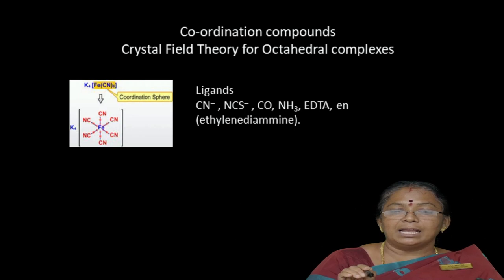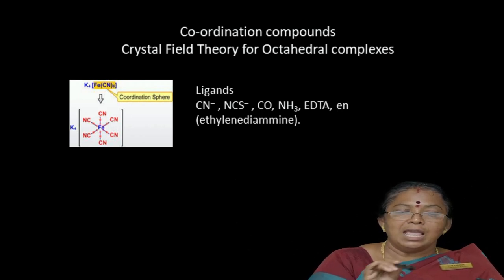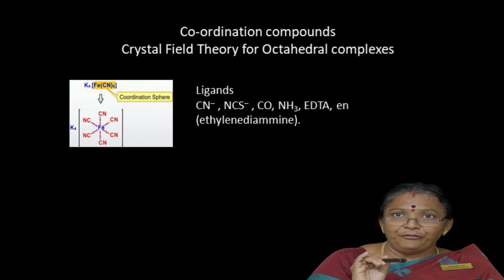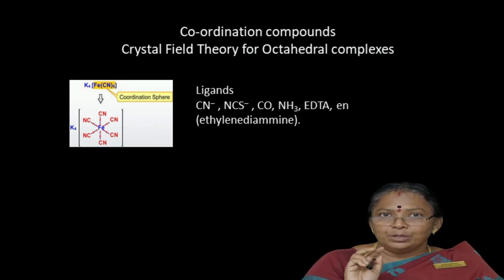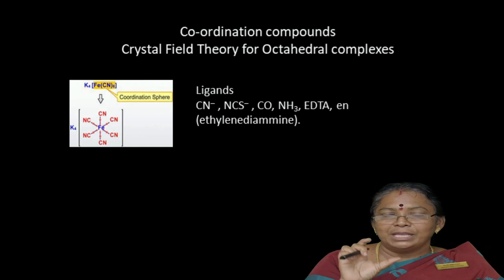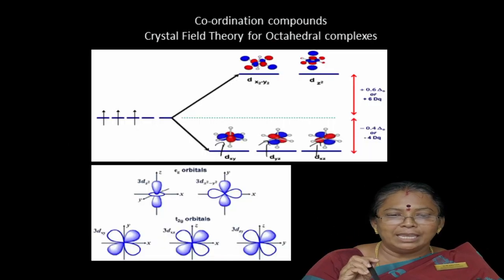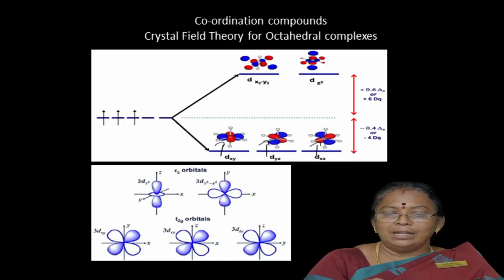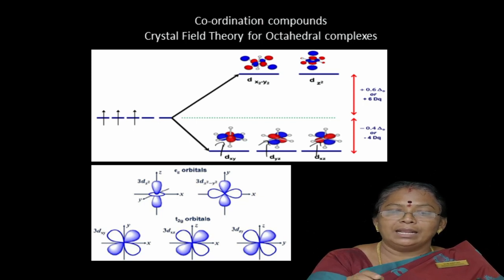These ligands are considered strong field ligands because when they approach the central metal atom, the 5 d orbital lobes split into 2 types, T2G lobes and EG lobes. dxy, dyz, dxz, these 3 are triply degenerate T2G orbitals. Here, dx squared minus y squared and dz squared, these 2 are doubly degenerate EG orbitals.